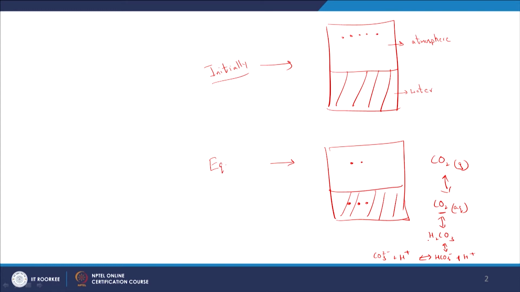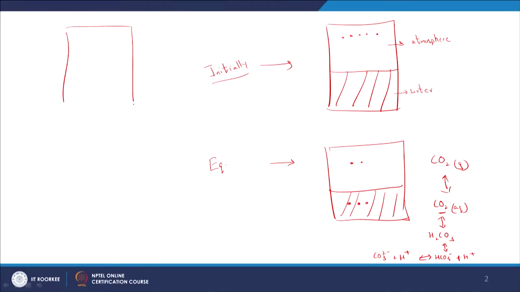So what happens to your system now? If you had no moles of carbon dioxide in your aqueous phase or in the water, and if you had some moles of carbon dioxide in the gaseous phase, you are going to have carbon dioxide entering the system, and then your carbonate system, or H2CO3, HCO3 minus and CO3 2 minus, being formed, and also simultaneously bringing down the pH.